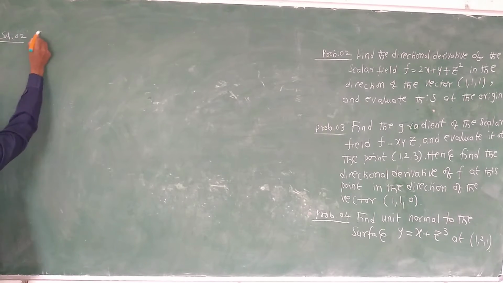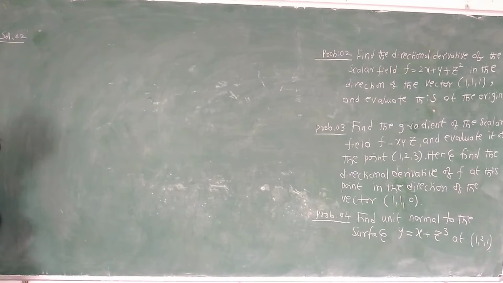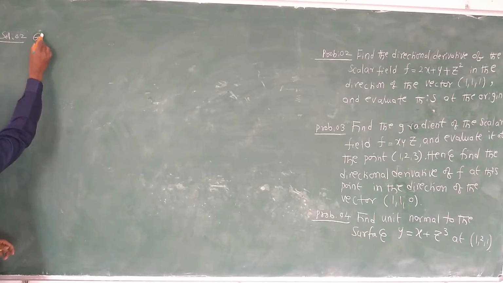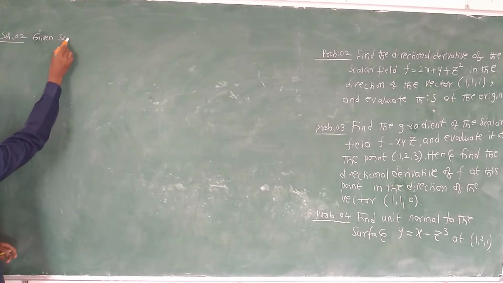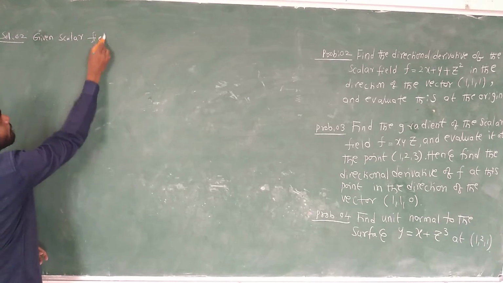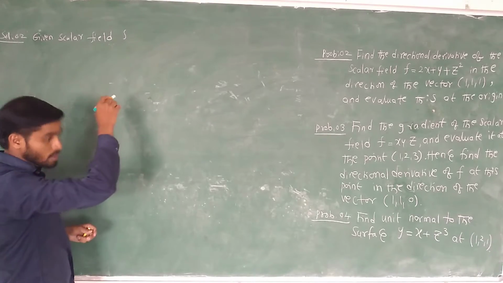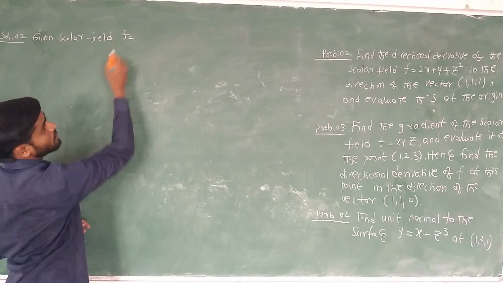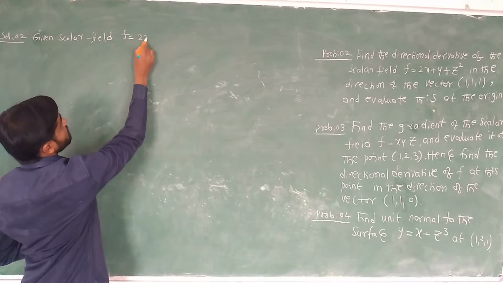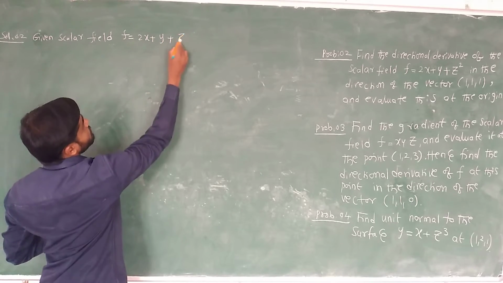Given the scalar field f = 2x + y + z square.